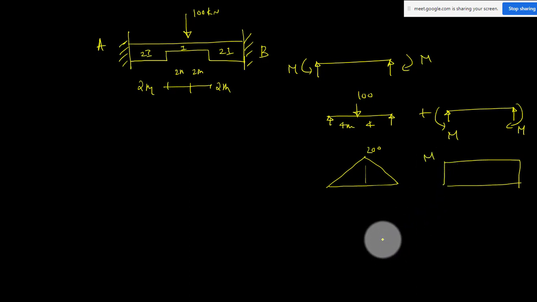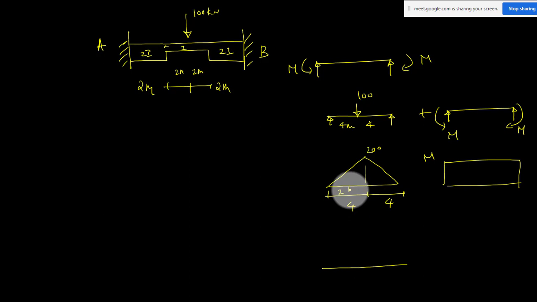Now I want to make the M by EI diagram, because here I is not uniform. So what is your M by EI diagram for this case? This is 200. At the center I have 200 by EI. What is your moment value at this point, 2 meter from the left support? This is 4 meter, it is also 4 meter.